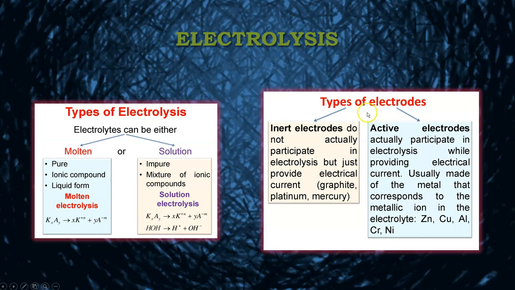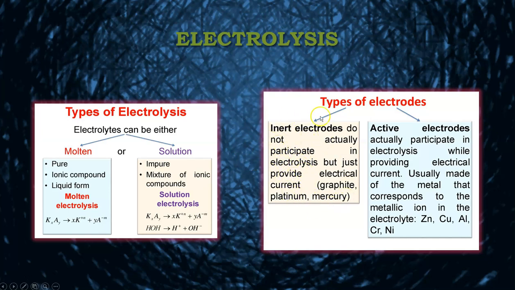Now, types of electrodes. The electrodes that we use might be inert electrodes and active electrodes. Active electrodes actually participate in electrolysis while providing electrical current, usually made of the metal that corresponds to metallic ions like zinc, copper, aluminium, chromium, and nickel. Inert electrodes do not actually participate in electrolysis. They are only absorbing and giving off electrons.